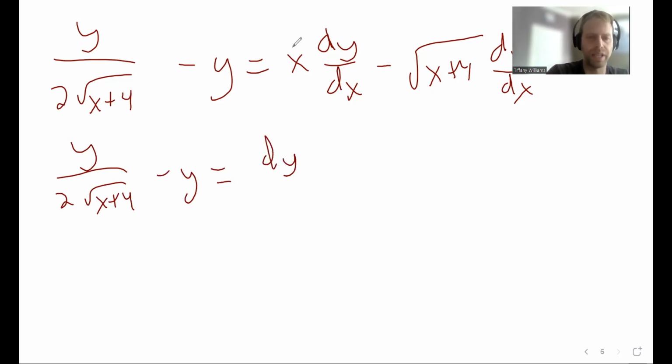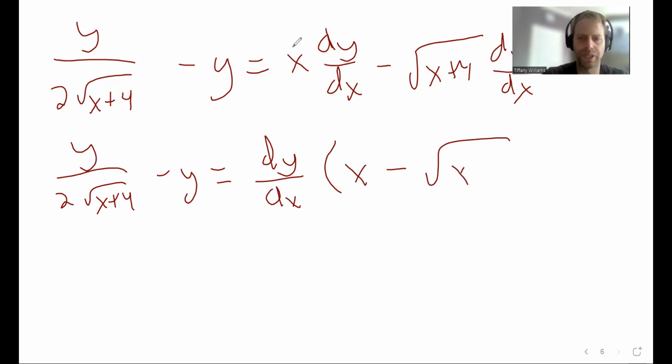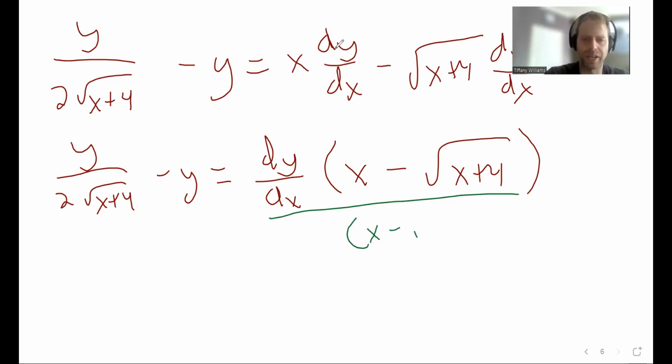So I'm going to have dy dx, and then in parentheses, what's left when you take that dy dx out of both terms? So you're going to have x minus the square root of x plus 4. Okay? And now the reason for that, of course, is that to isolate the dy dx, I would divide by this entire factor. Okay? So I'm going to divide by that whole thing now.